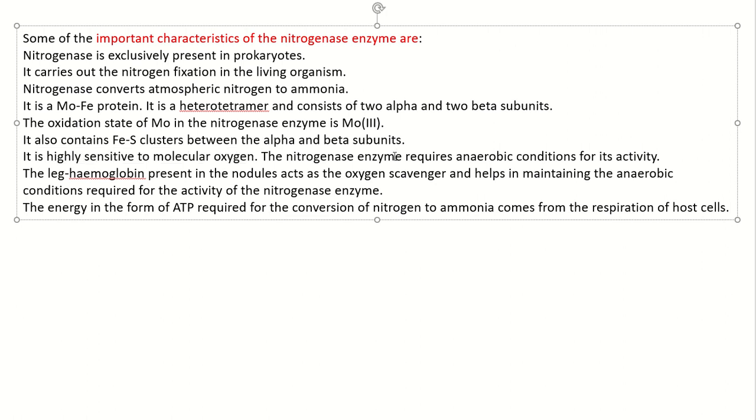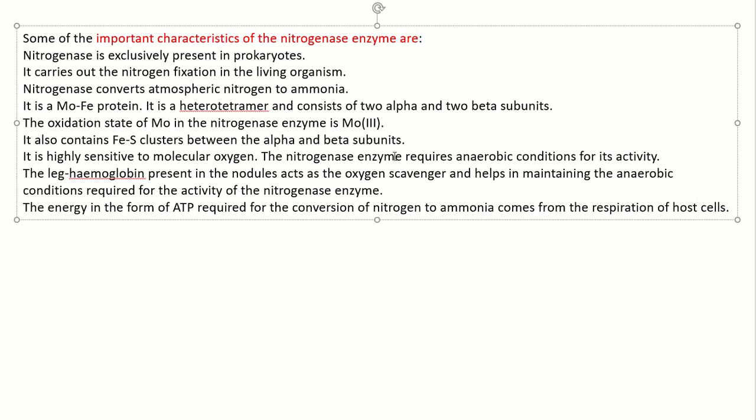Nitrogenase enzyme requires anaerobic condition for its activity. And leghemoglobin is present in the nodules. Leghemoglobin present in the nodule acts as an oxygen scavenger. The scavenger removes oxygen and helps in maintaining an anaerobic condition, which is required for what?